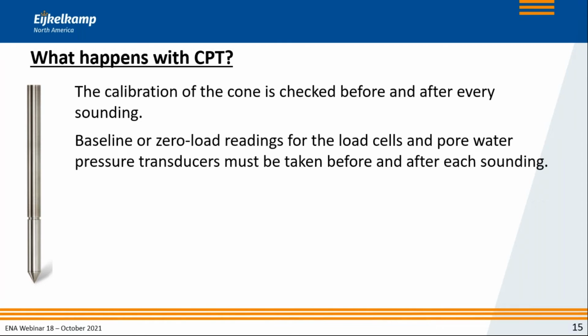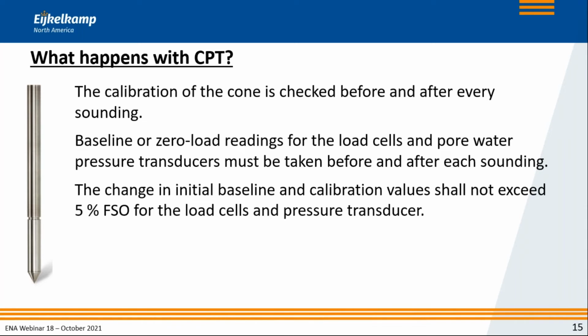Through so-called baseline or zero load readings, where we basically have the cone hanging free, illustrated on the left-hand side, where there's no load on the tip, no load on the sleeve or on the pore pressure transducer, and we check the zero points, the zero load readings, and check whether that reading is close to the calibrated values.